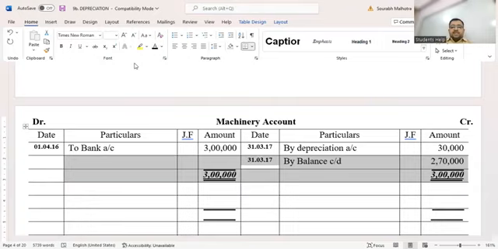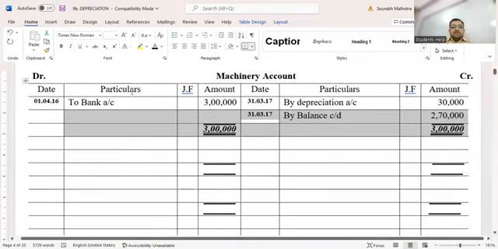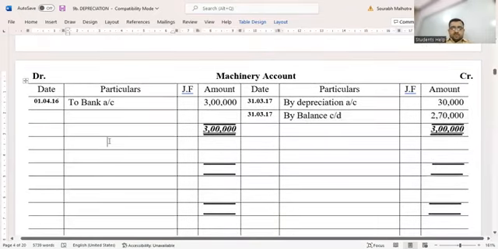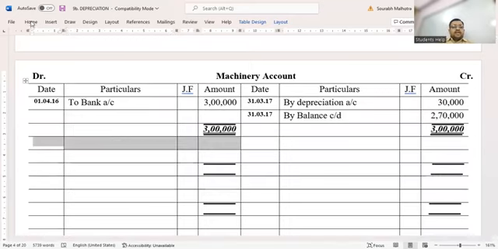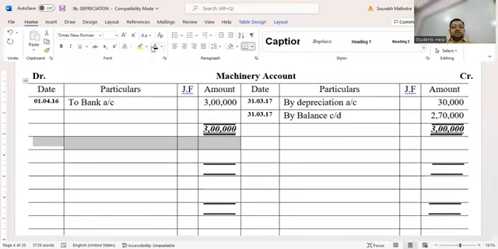So we'll write by balance carried down 270. Total would be 3 lakhs and brought down how much will come? 270. What will be the date of brought down? 1st April 2017. Heard well?